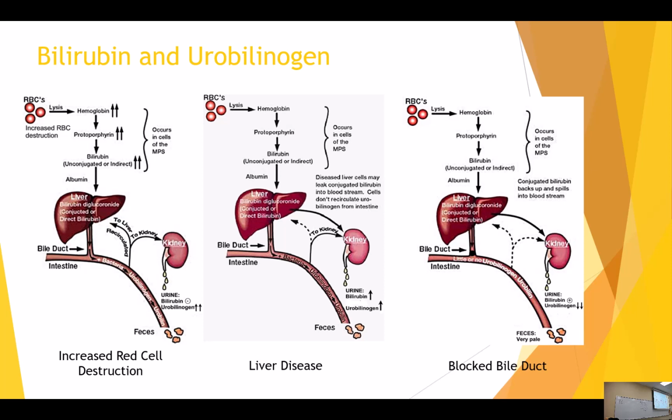So in this situation, the bacteria turn what does get through into urobilinogen, into urobilin, but when it recirculates, the urobilinogen does not go back to the liver because the liver's not working well, so all that extra urobilinogen is circulating to the kidney. The other thing is, because the liver's not working well, it's not able to conjugate all that bilirubin, and it's not all going into the intestines, it's leaking. It's a leaky liver.